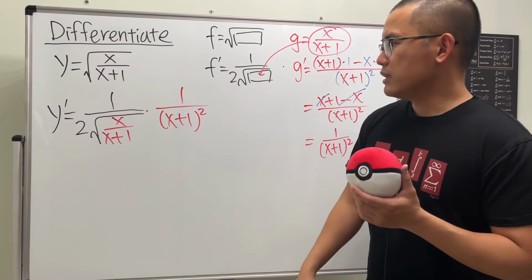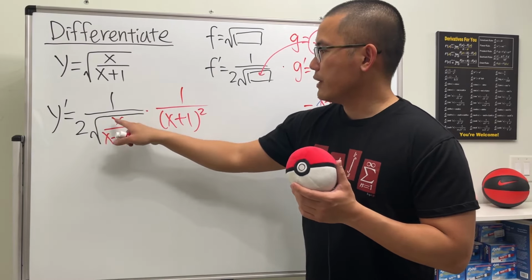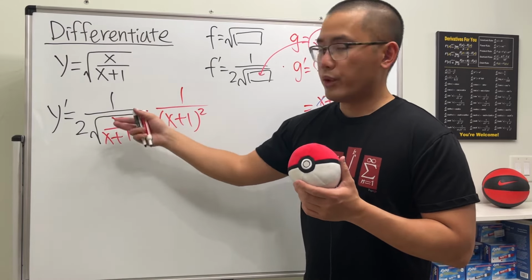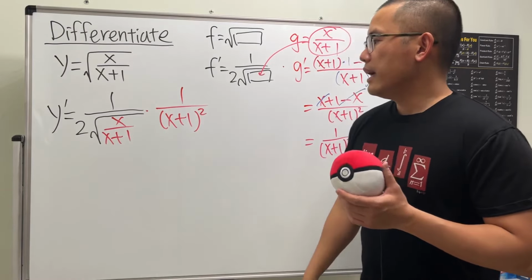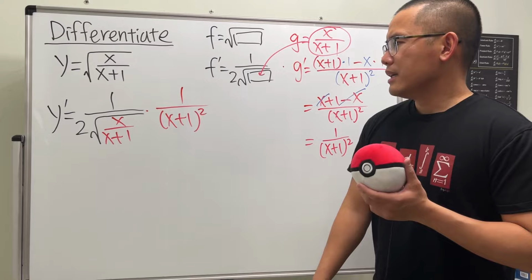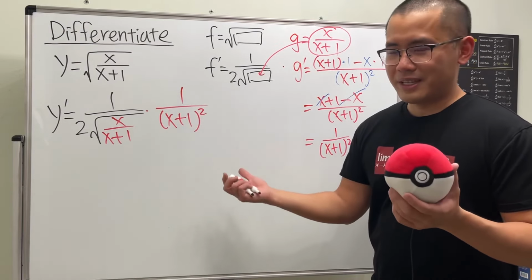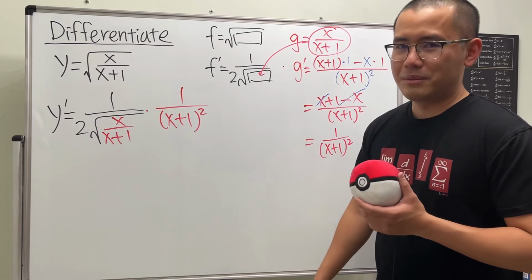The way that we can do it is to take the square root of x over x plus 1 and break it down into square root of x over square root of x plus 1. Of course, we will also have to worry about the domain, but we just want to care about the expression for this kind of question. We can talk about the domain maybe later on.